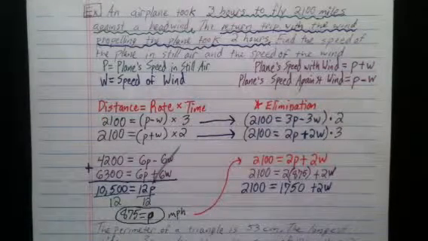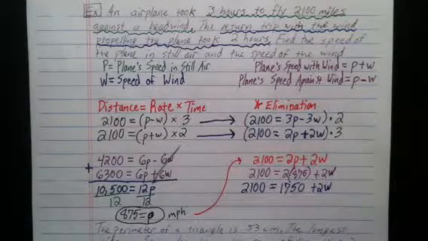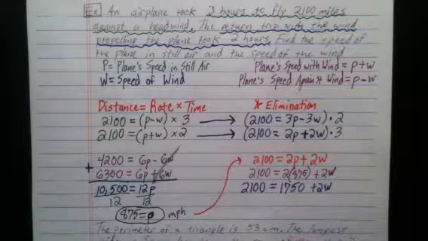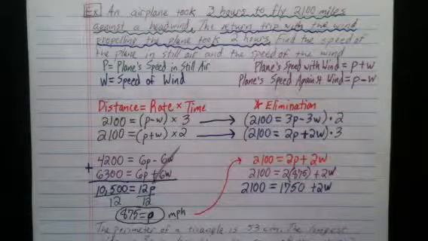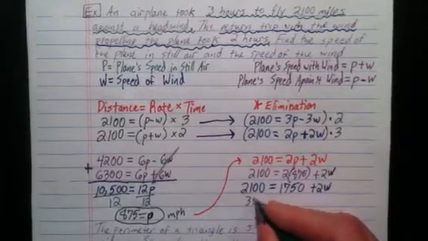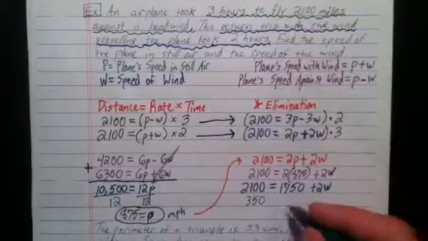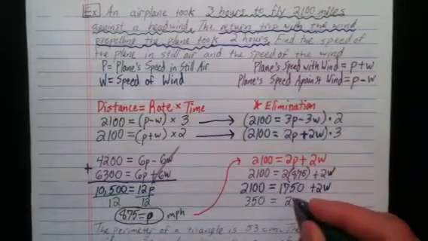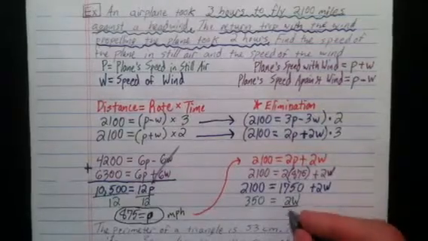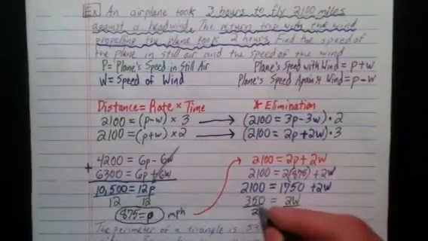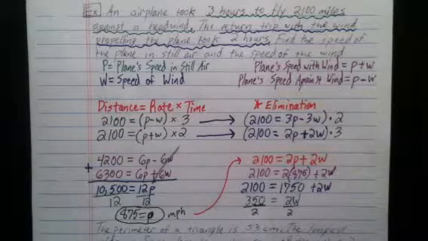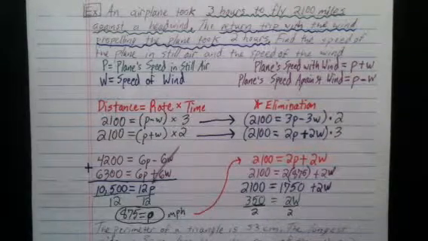We then want to subtract 1750 from both sides and divide by 2. So subtracting 1750 from both sides, we should get 350 equals 2w. And divide both sides by 2. And we get that the wind speed was 175 miles per hour.